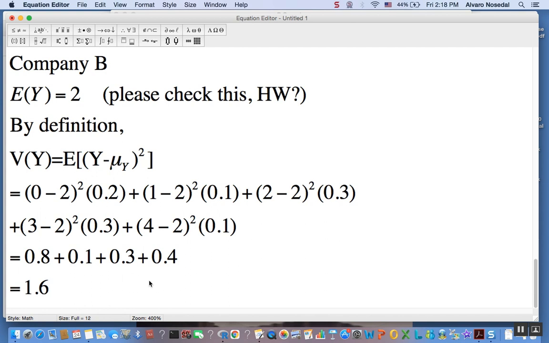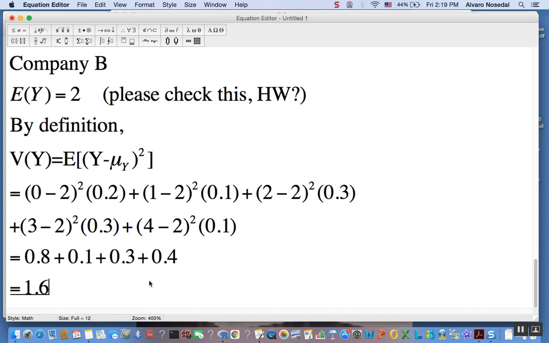Notice that the units of the variance are square cars, which is odd. So people use the standard deviation, so they have a measure of variability with the same units as the original variable, right?